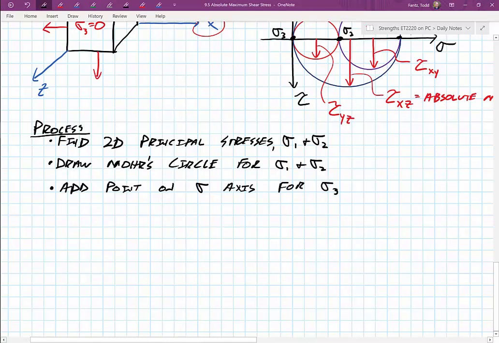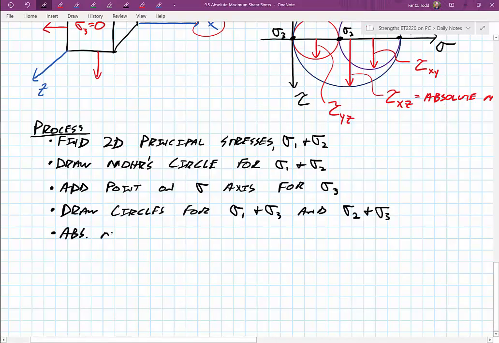After I have the 3 points, I can draw my other two circles. Finally, the absolute maximum shear stress is just the radius of the largest circle.